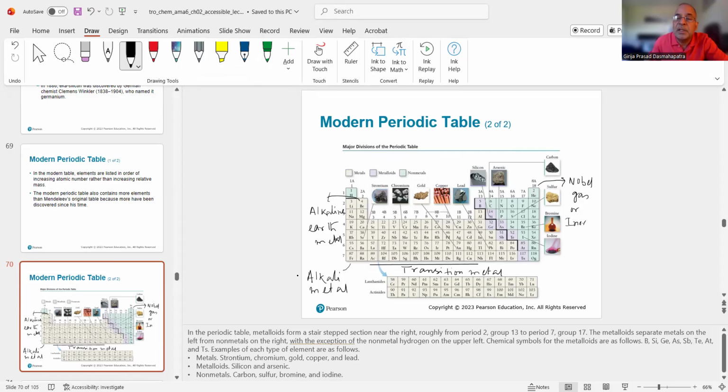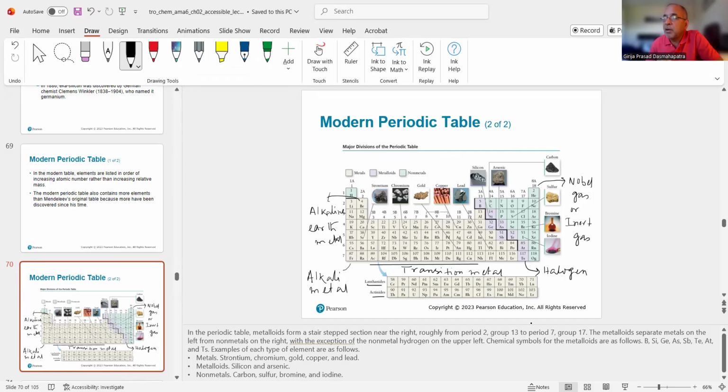These elements rarely react because they are very non-reactive. We will explain why in chapter 9. Similarly, group 17 or 7A is called halogens. And we have already explained that these elements are called lanthanides and actinides separately.